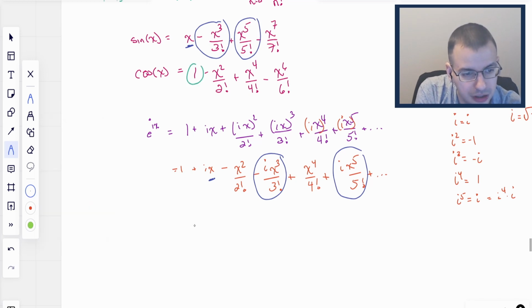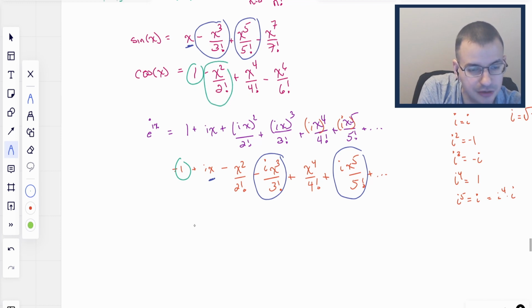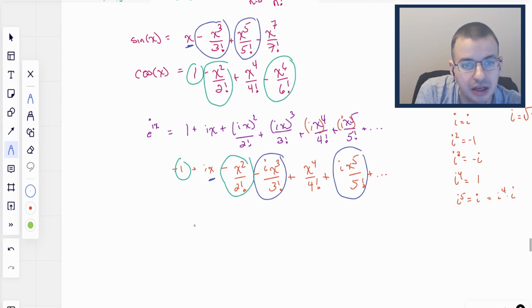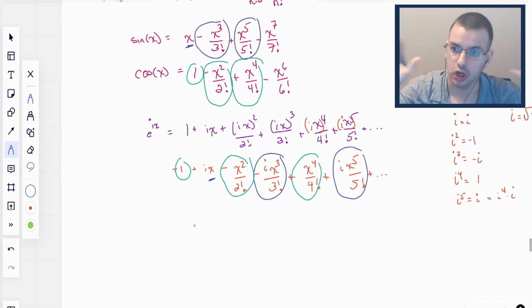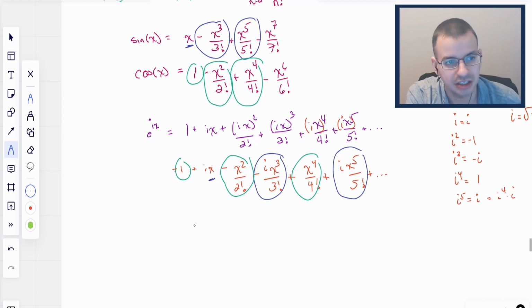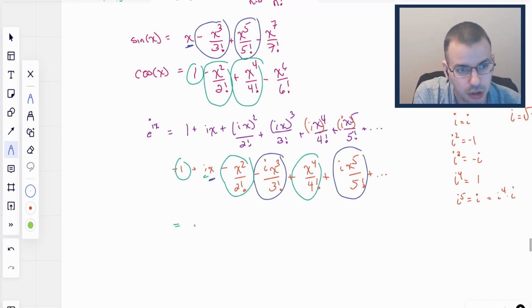So we have 1, negative x squared over 2 factorial, x to the fourth over 4 factorial, and afterwards we're going to continue on. So long story short, this is sine of x multiplied by i, because of that little extra i we're picking up, and then cosine of x. So when we replace these, we get cosine of x plus i sine of x, which is exactly what we wanted in the beginning.